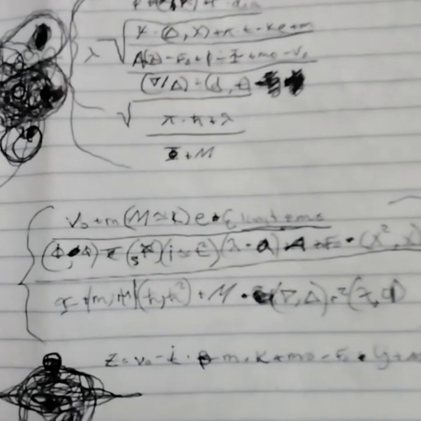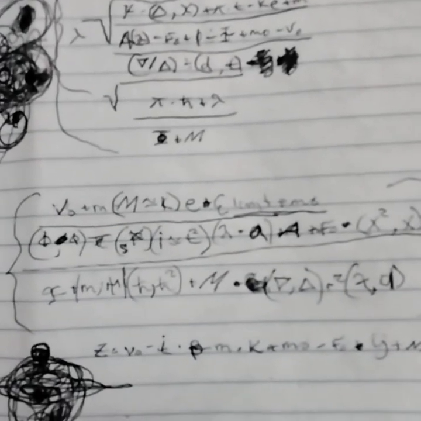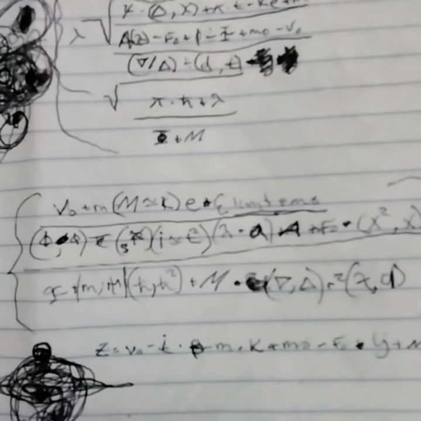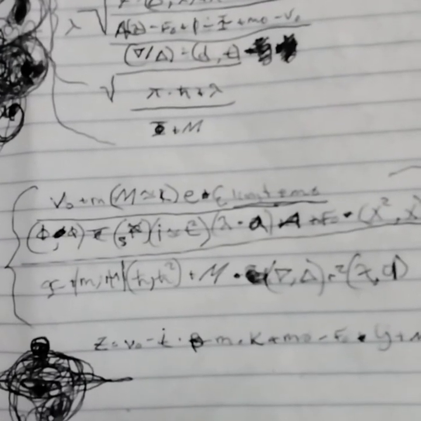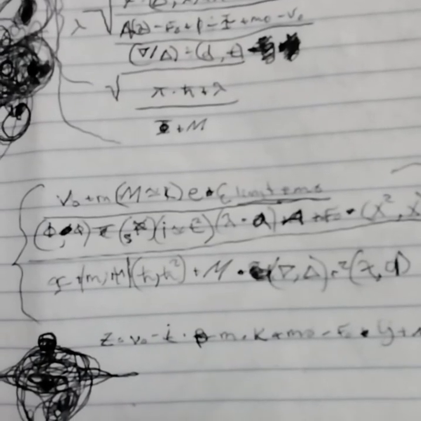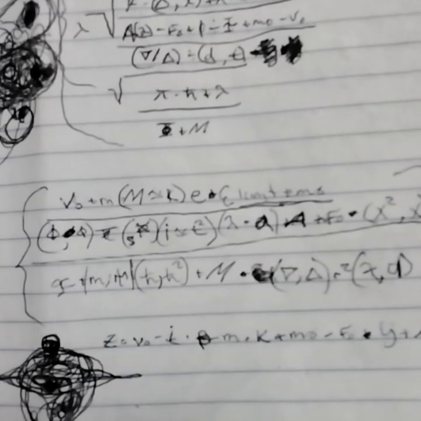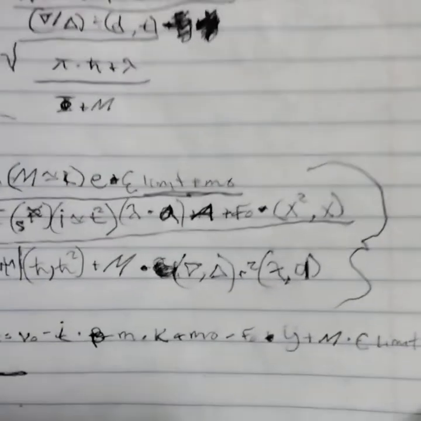But I have a space-time paradox right in the second row in the bracket. So the first one is pi. It's pi.